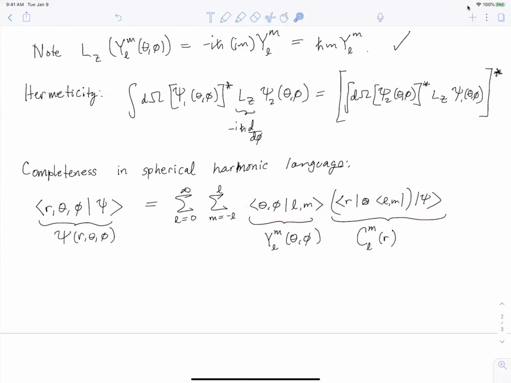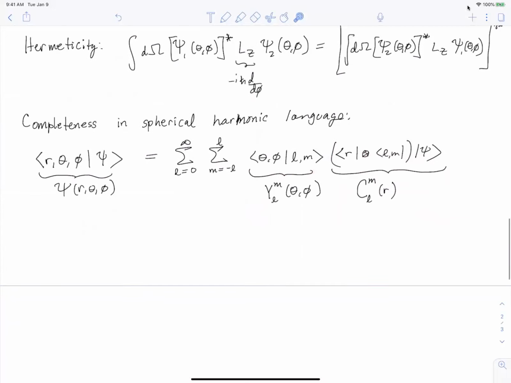Okay, and so that's a useful way of expanding any function. Notice I didn't assume this was an eigenstate of anything in particular. It doesn't have to be.